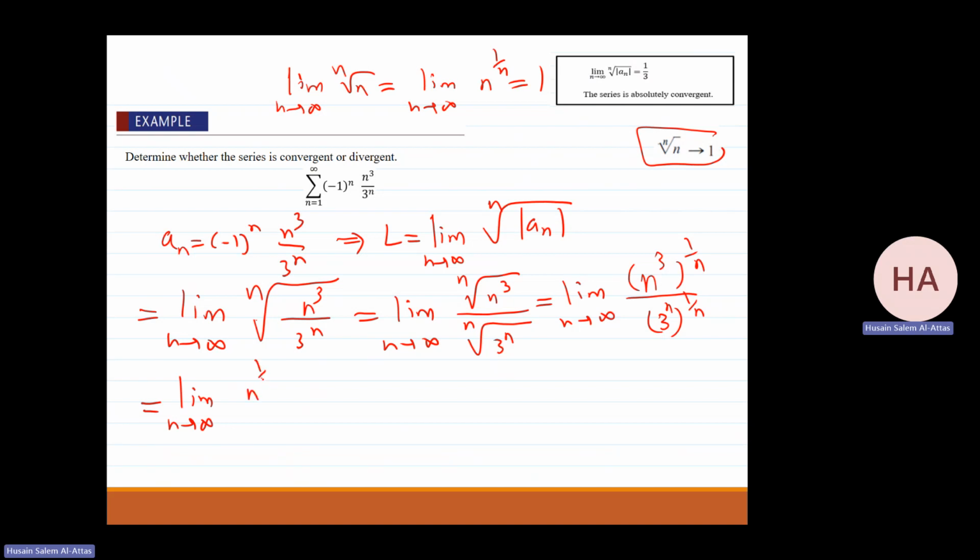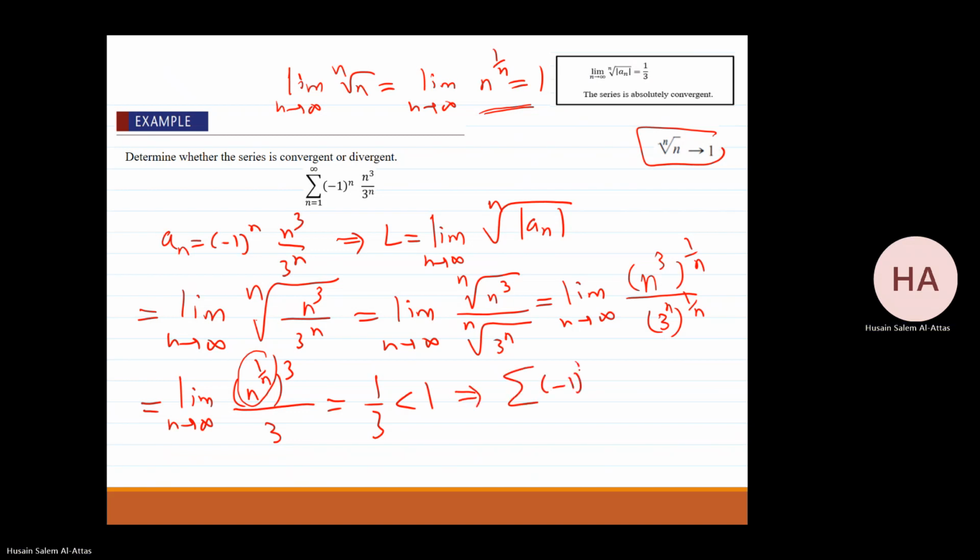That will be n to the power 1 over n, all to the power 3. So as the limit goes to 1, this will be 1 over 3, less than 1. So the series converges absolutely.